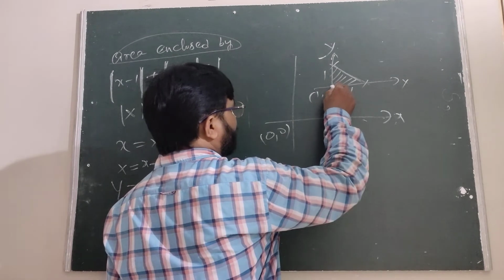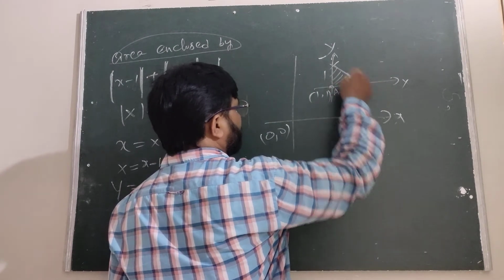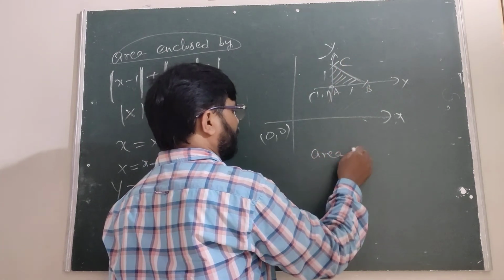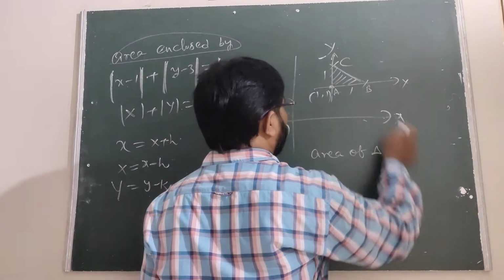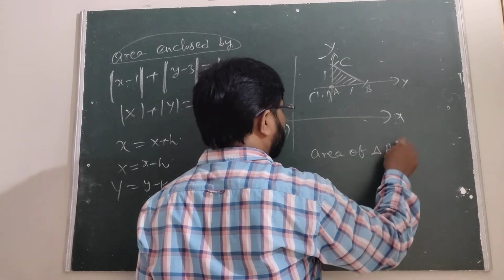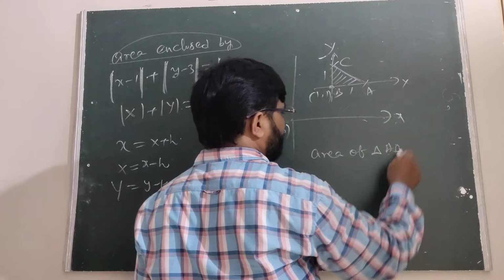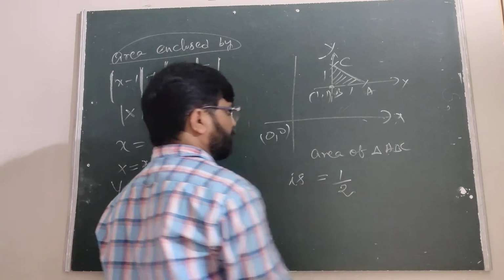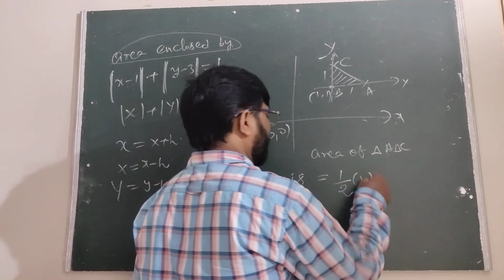Here we are taking some triangle ABC. How to write the area? Area of the triangle ABC is half base into height. Base is 1, height is 1.